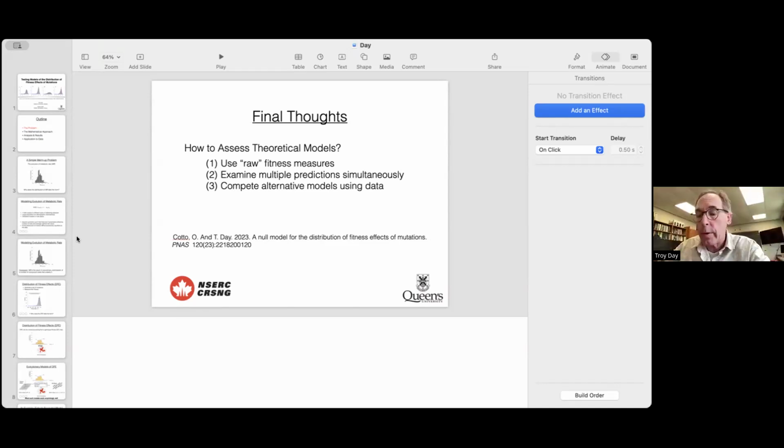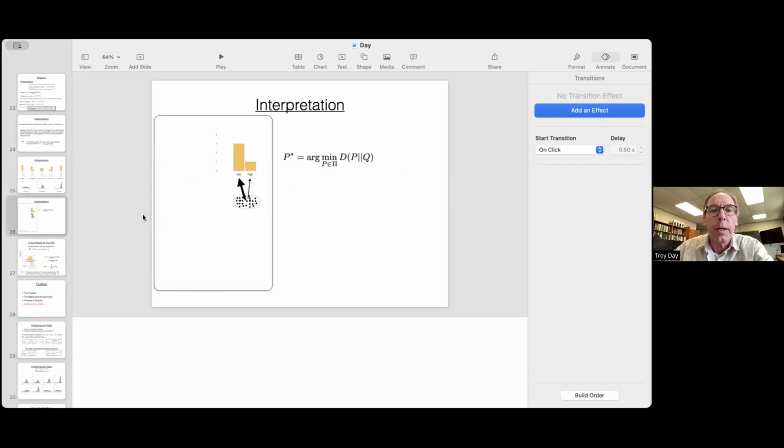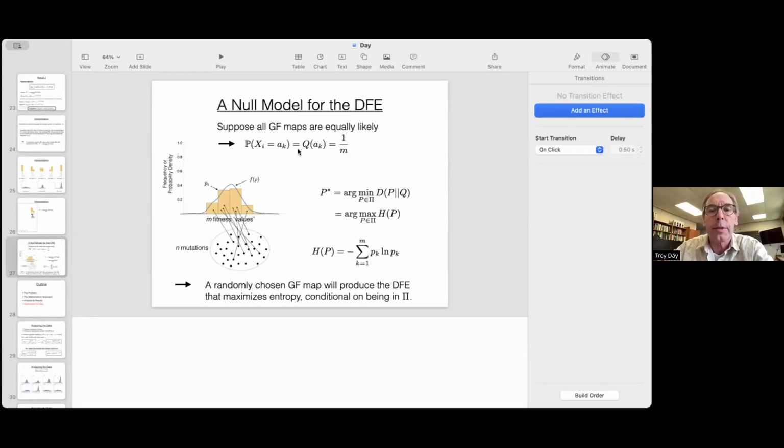I have. I mean, that's a great question, and maybe I have, but I'm not sure if it's quite the way you're talking about it. But I'll tell you what I have thought about. So this comes down to my uniform choice being the specification in that Q distribution. It's my specification that I'm assigning each genotype to a particular fitness bin, and it's my assumption that all bins are equally likely.